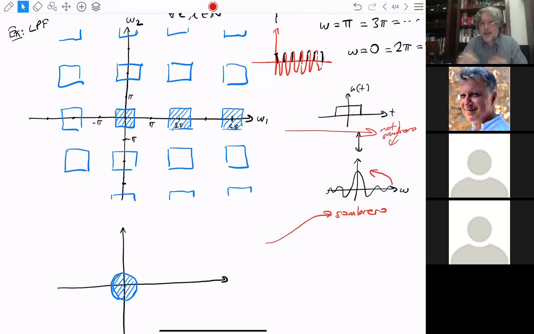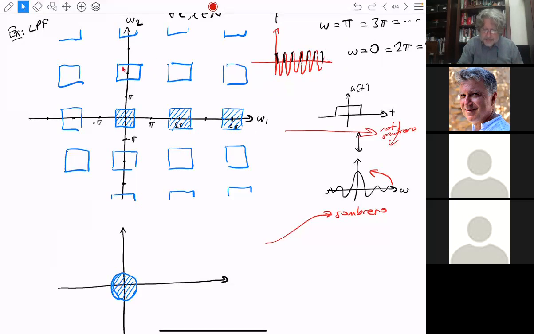And when you are doing downsampling, similarly, when you expand something, this portion will go to somewhere else, and this portion will go to somewhere else. But of course, in order to make them 2 pi periodic, we have to insert their 2 pi periodic versions again and again in all these 2-dimensional tilings.